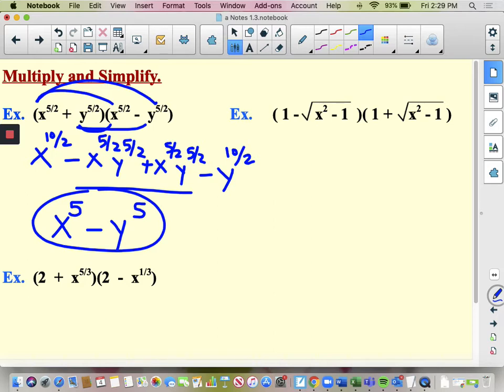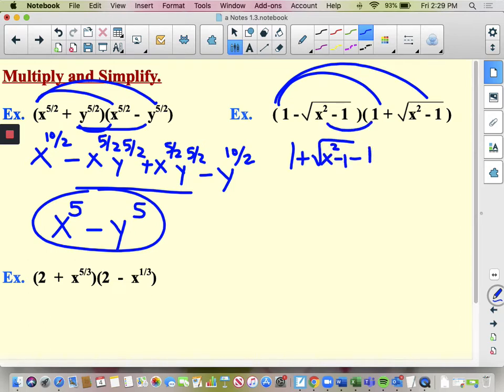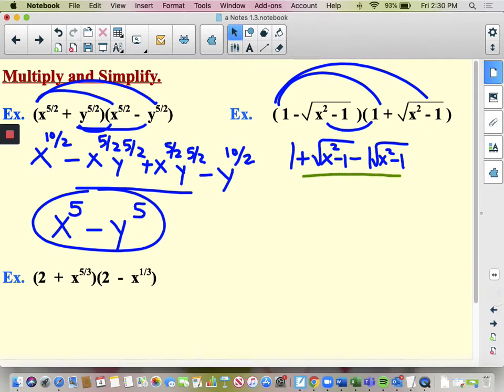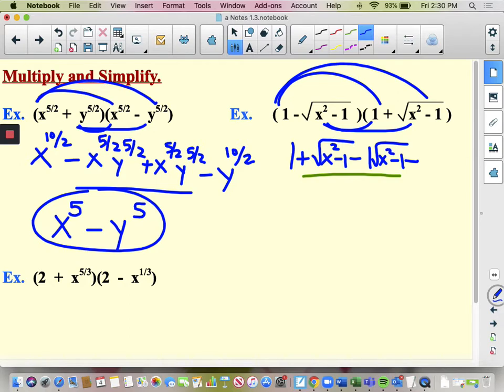Okay, second example, same thing. I'm going to FOIL 1 times 1. My outer is a 1 of those radicals. My inner is a minus 1 of those radicals. So again, these are going to cancel out, right? And then the last terms are going to be minus, well a square root times a square root will cancel out.